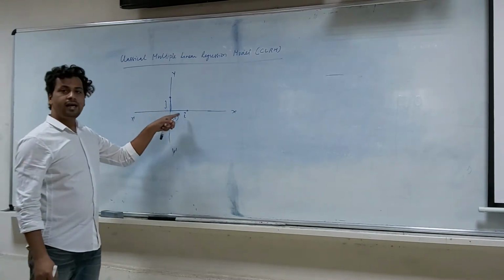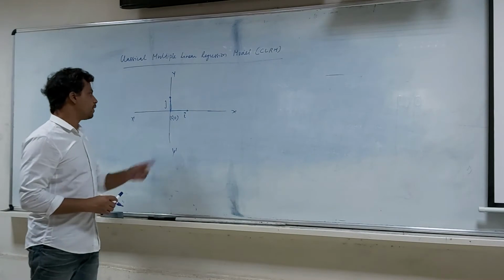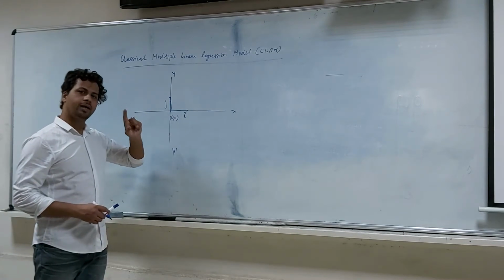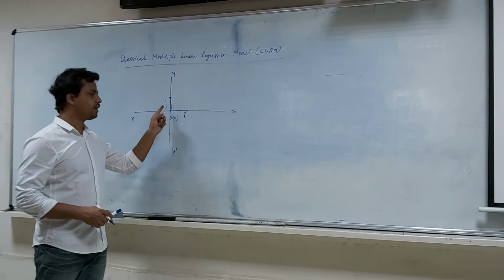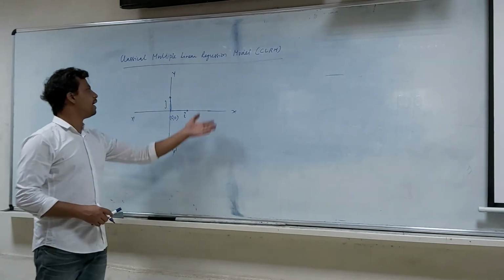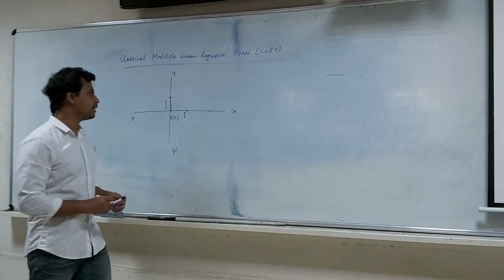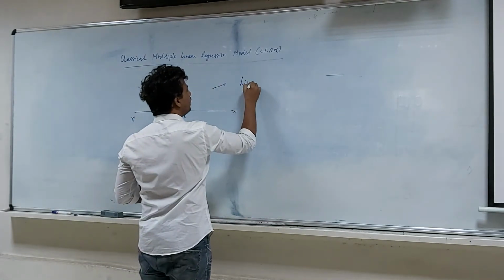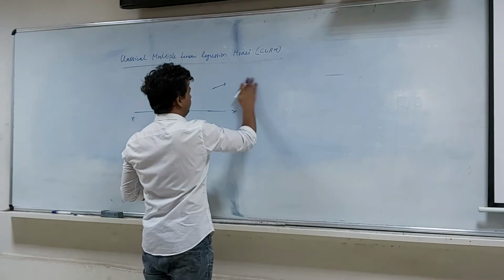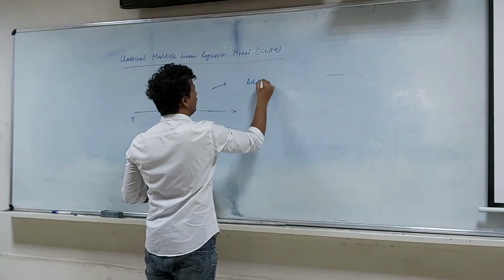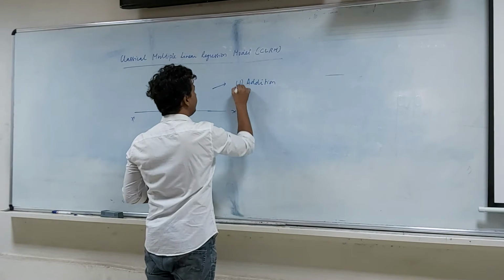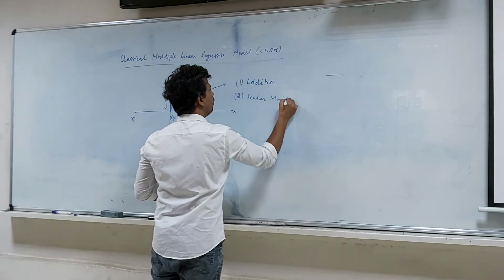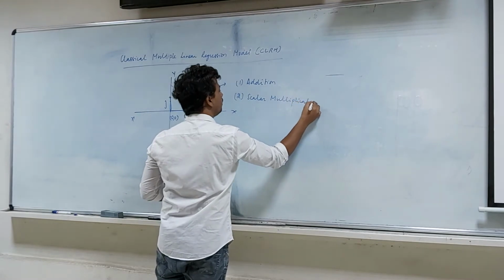They are very unique vectors because certain mathematical operations on these two vectors define this entire plane. What I'm saying is, those two mathematical operations are, first of all, an addition, and second is scalar multiplication. Order does not matter.